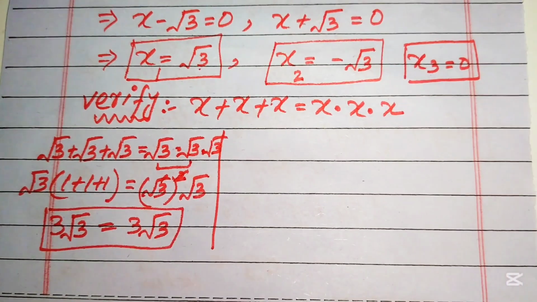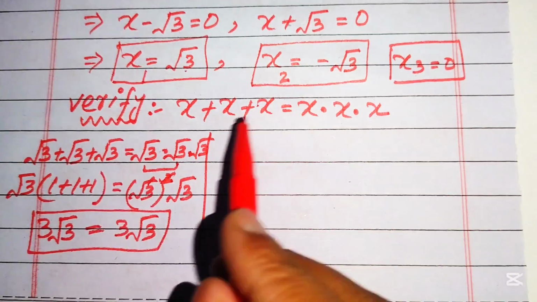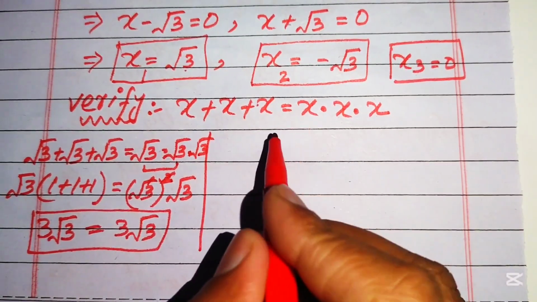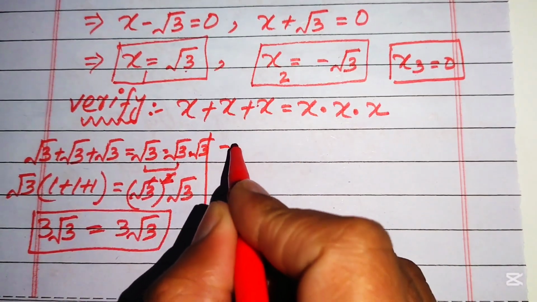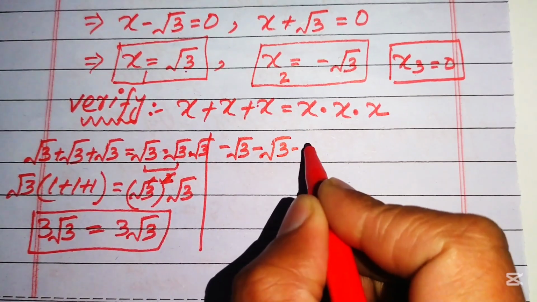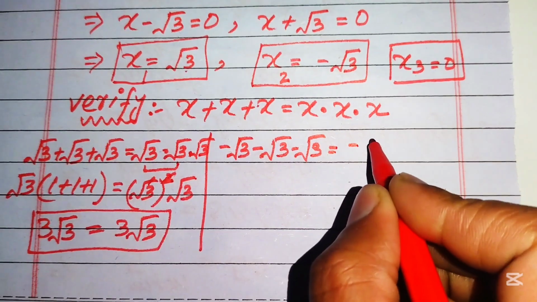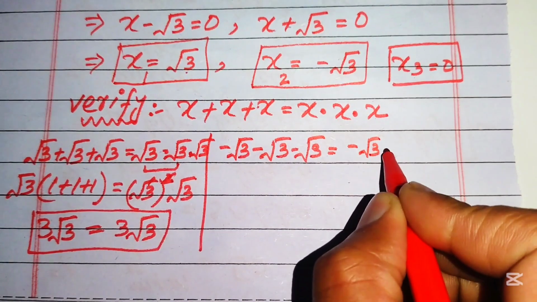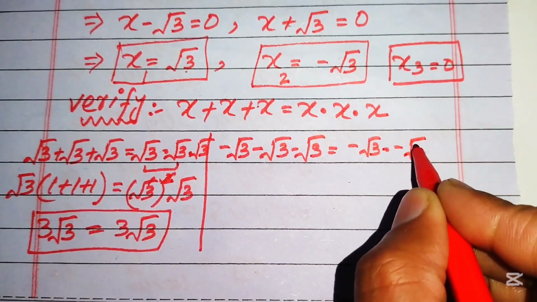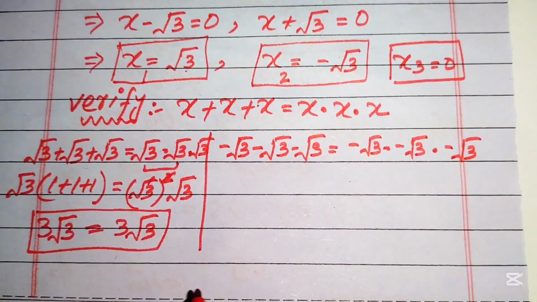Now similarly we need to verify the second root. We substitute the second value on both sides, so we write minus square root of 3 minus square root of 3 minus square root of 3 equals minus square root of 3 multiplied by minus square root of 3 multiplied by minus square root of 3.